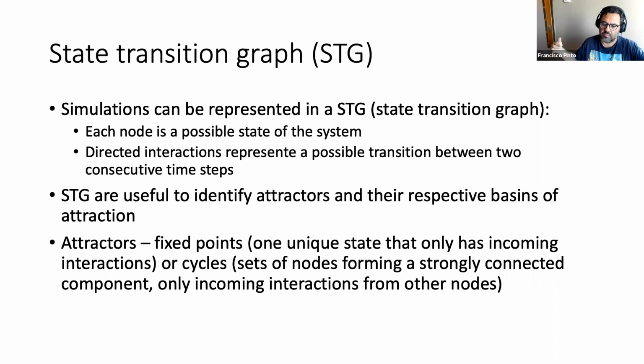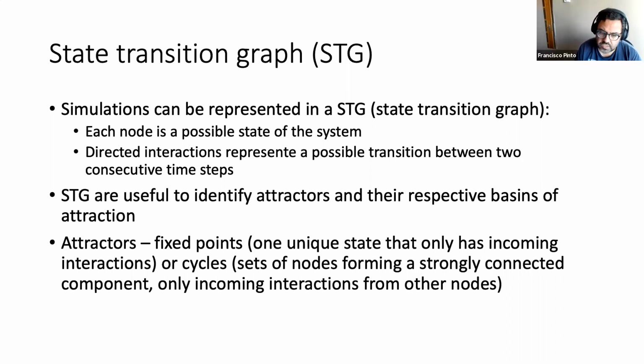Trajectories can go into that state, but they will not go out of that state. Why? Because in that state, all the logical functions will agree with the current state of the variable. So no node needs to change.